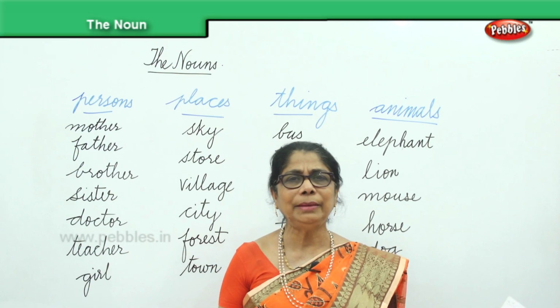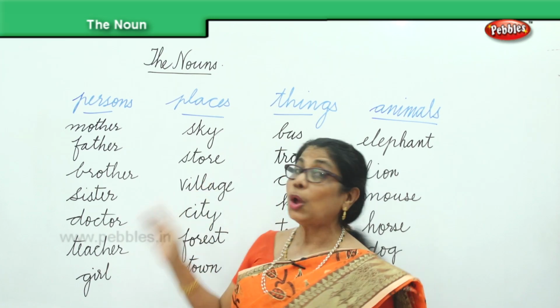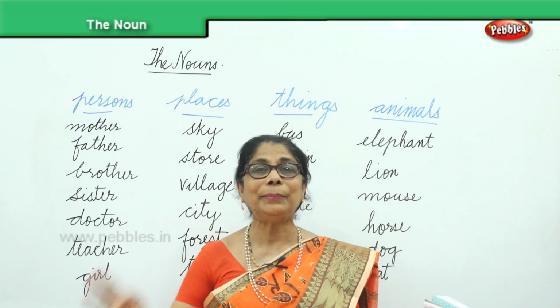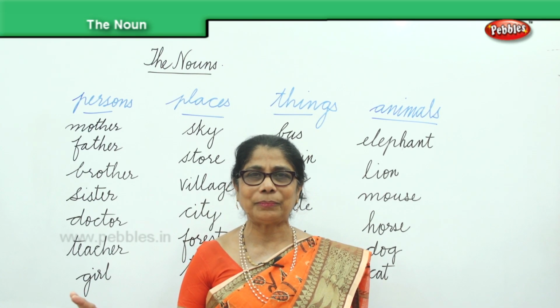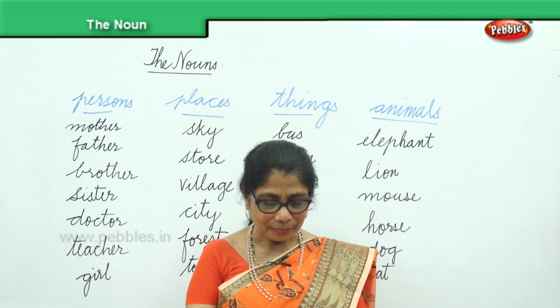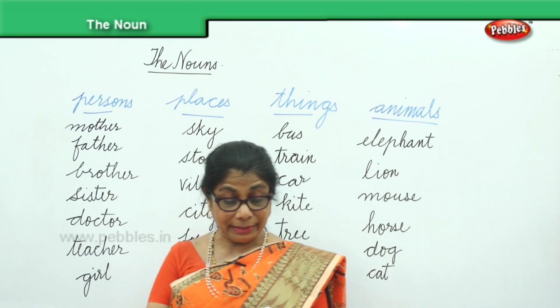So all names of animals, birds, things, persons, all these we call a common name, noun. Noun is a naming word. All right? Now, a noun is a word that names anything.